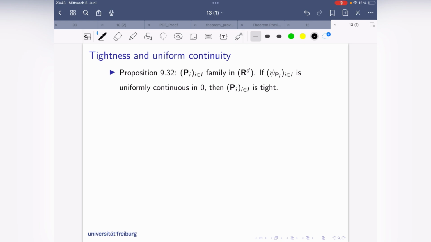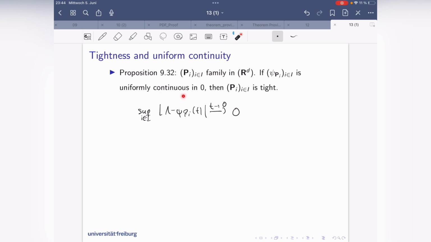Uniform continuity of the characteristic functions, what does that mean? That means that the sup over all elements in the family of 1 minus psi pi I of t goes to 0 as t goes to 0. I know this by the assumed uniform continuity.